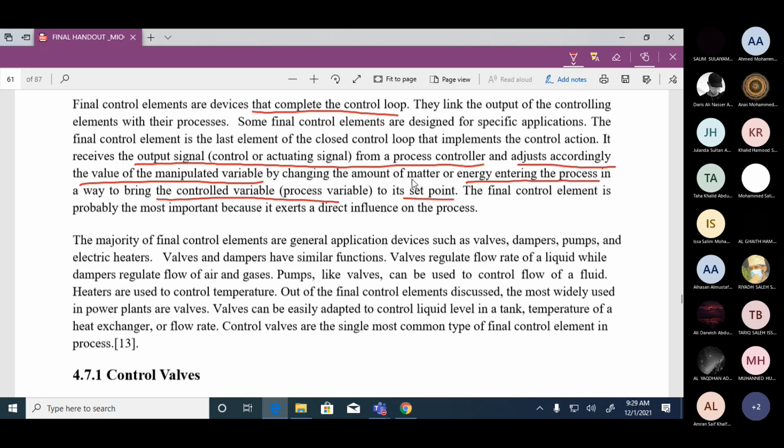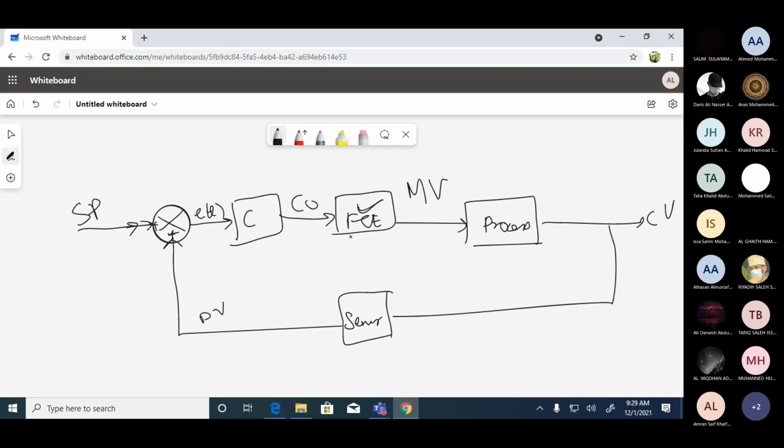Now, when you read it in words, it sounds quite difficult. But if you think in pictures, if you think of what's happening in the block diagram that I showed you, what does the final control element do? It takes the instruction from the controller and it adjusts the manipulated variable until the process is able to produce an output that is going to match the set point.